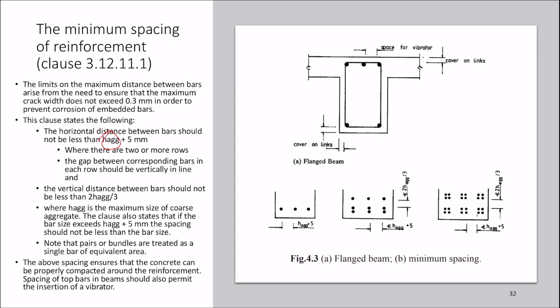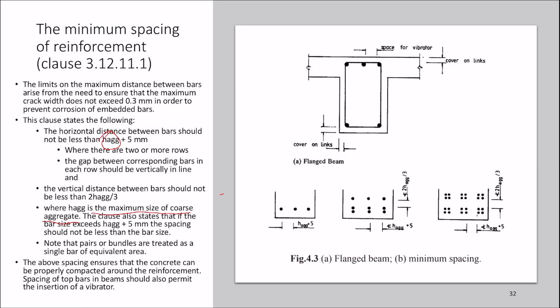The gap between the corresponding bars in each row should be vertically in line and the vertical distance between bars should not be less than 2 hagg divided by 3, where hagg is the maximum size of coarse aggregate. So the aggregate that you mix together to produce the concrete, the largest aggregate is for example 20 mm.